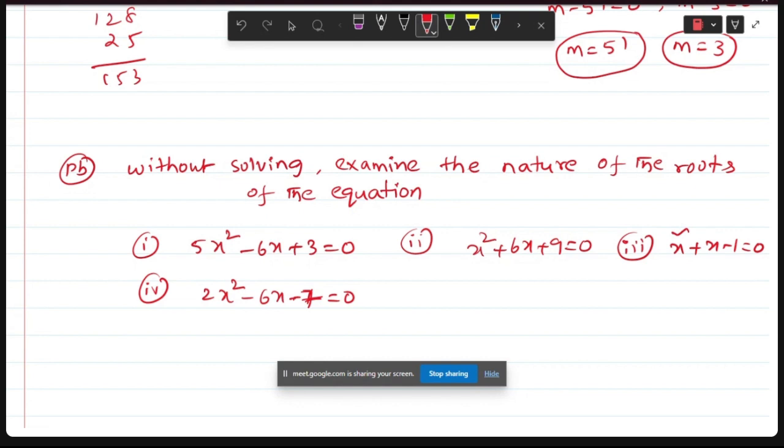Ma'am, please try. So done. So what should we do here? Ma'am, here without solving, examine the nature of the roots. What is the meaning of nature of the roots, ma'am? I give three conditions for the nature of the roots. Find the d value. If d is less than 0, what happens? No real roots. d is equal to 0, roots are equal. d greater than 0, roots are distinct.